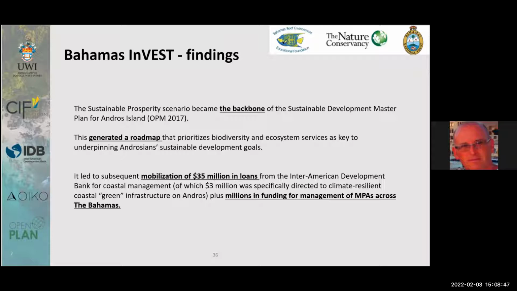And linked to this with regard to zoning and conservation protection, good amounts of money were able to piggyback on the back of this report, on this plan, for the management of marine protected areas, not just on Andros, but to create ecological networks across the other family islands of the Bahamas.